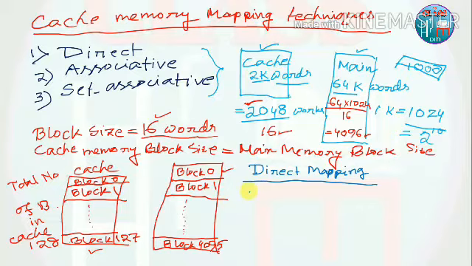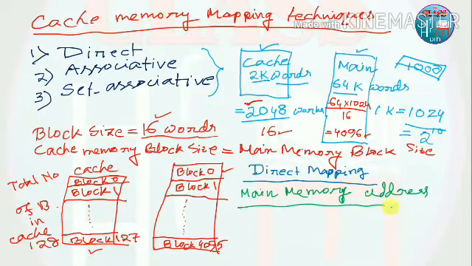So when we talk about direct mapping, what will be the format of the main memory address?